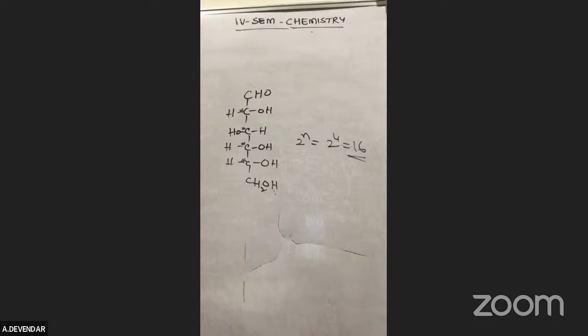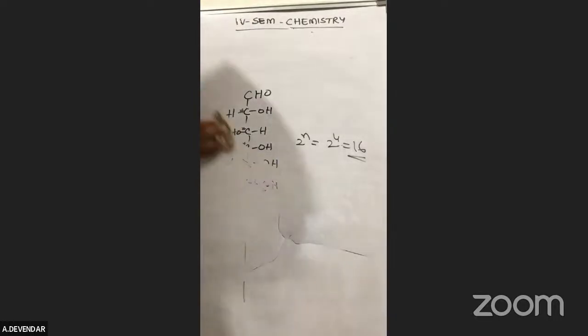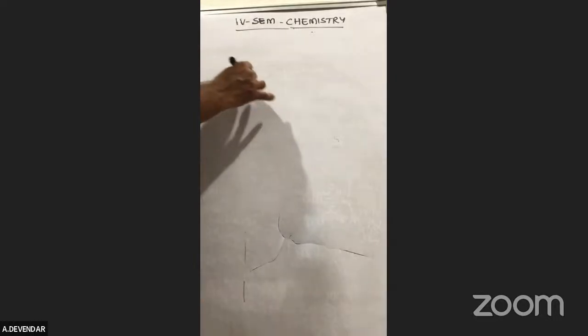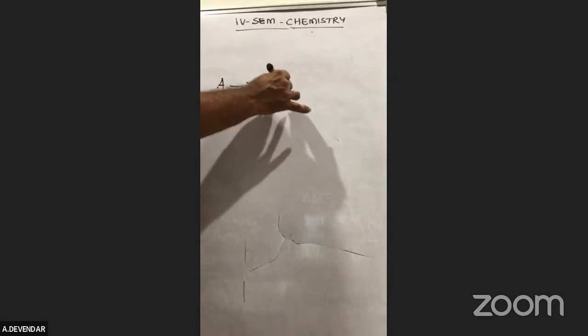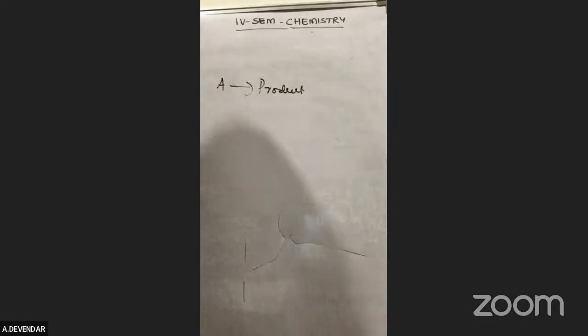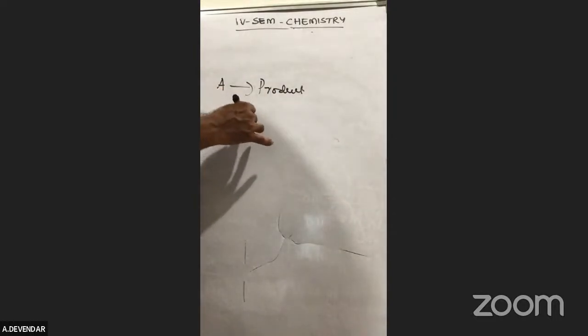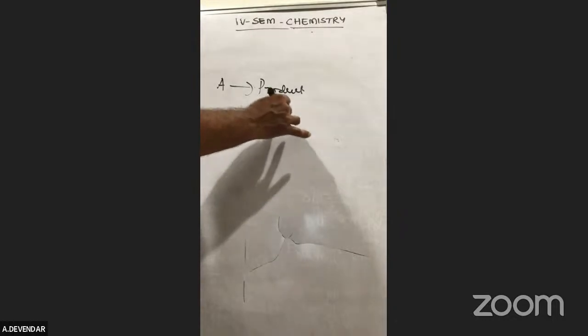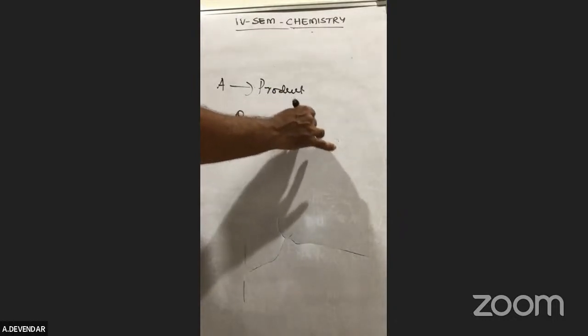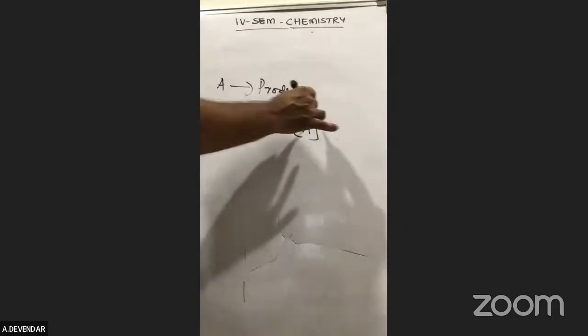The order of reaction depends on your equation. When A gives products, it is a first order reaction, since it depends on only one A. The rate is a constant times the concentration, and the number of molecules is one.